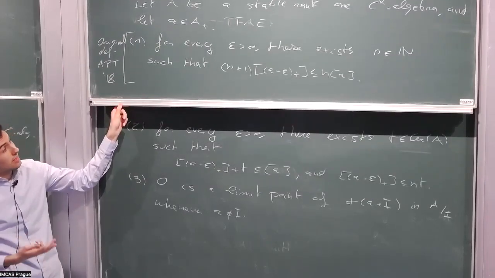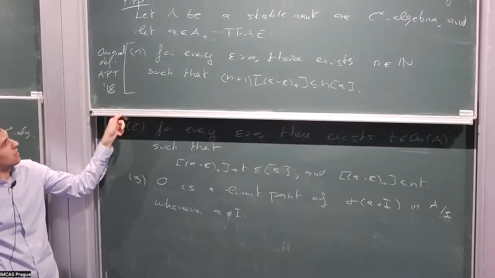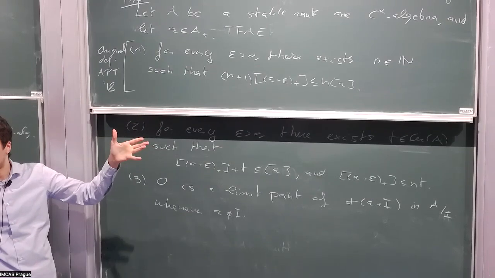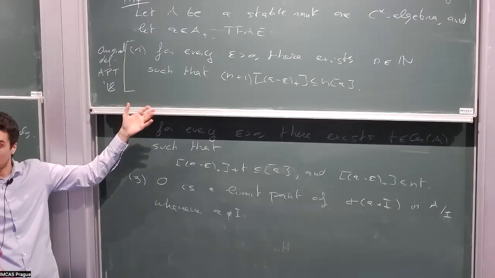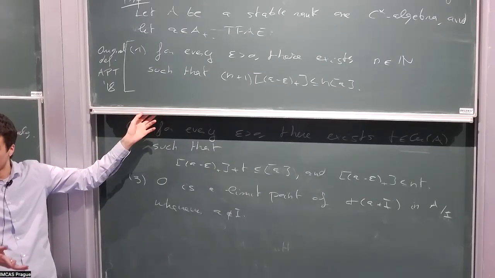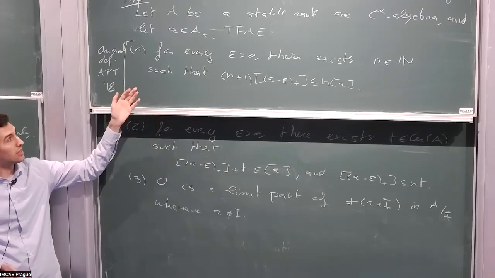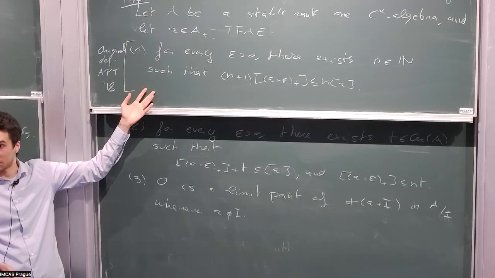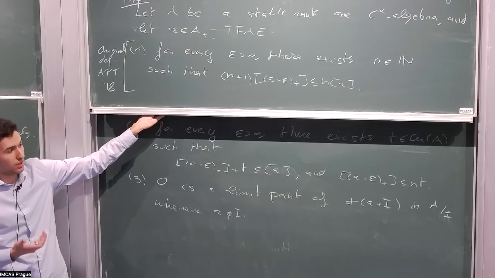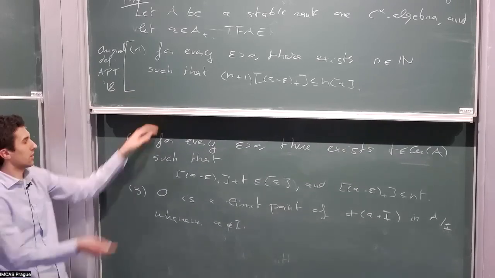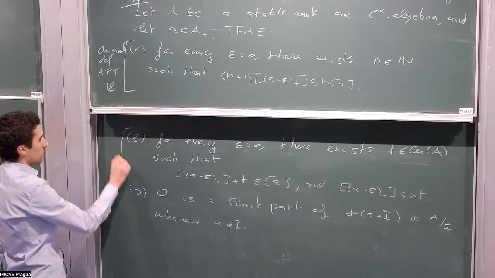And so, as I said in the beginning, for stable rank 1 C*-algebras, this definition is enough. So it's well behaved and everything works wonderfully. But it's conceivable that when you don't assume stable rank 1, this is no longer as well behaved as you want it to be. And it turns out that it isn't. And the proposed new definition of softness in the general setting is this one. So this is the new definition.